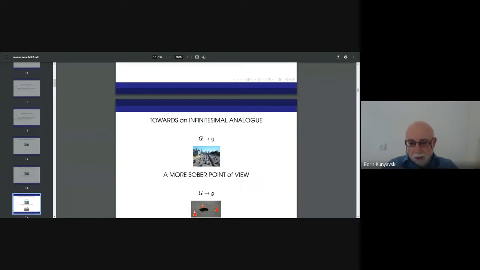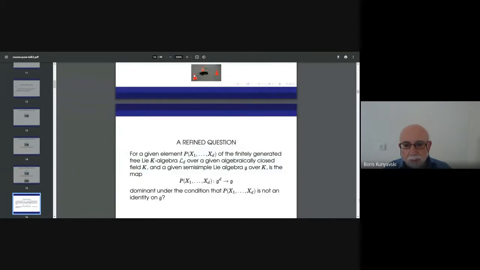If we localize the potholes and put a fence that would signal us drivers about these obstructions, maybe we can arrange the situation and continue our movement on the way to infinitesimal analogs of Borel's theorem. And indeed, it turns out that this is possible. Let me tell this story.